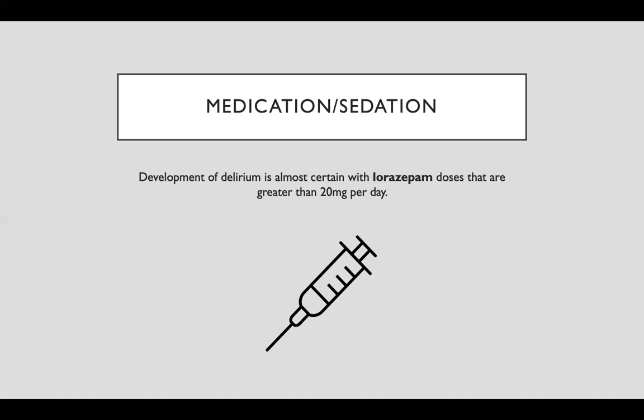If we see that our patient is receiving lorazepam or another benzo, then we can be aware of the fact that delirium will almost likely be present with this patient. And we can also use this information to advocate against the use of benzos with our patients. So is there something that we can recommend to the nursing staff or to the doctor to see if we can get their medication switched?